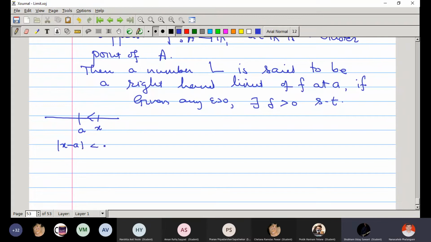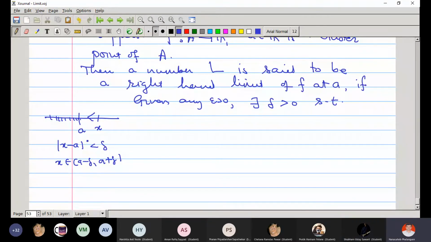So |x minus a| less than delta means that x belongs to (a minus delta, a plus delta). But we don't want to consider the left side, a minus delta to a. We are not interested in it.